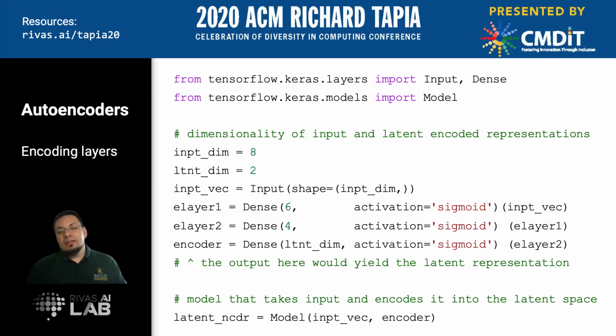And so the encoder is composed of layers. We call these dense layers or fully connected layers. And here I'm saying that this has 6 neurons, 6 neural units, an activation function of type sigmoid, and takes as input the input vector, which I just previously declared that has a dimension of 8.